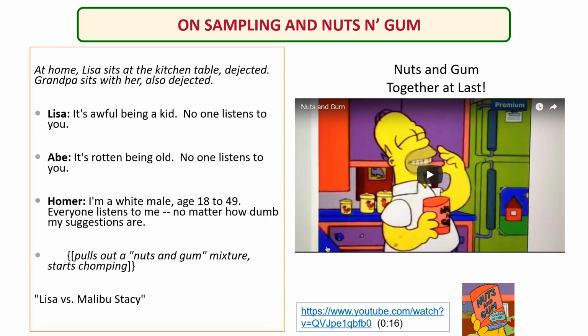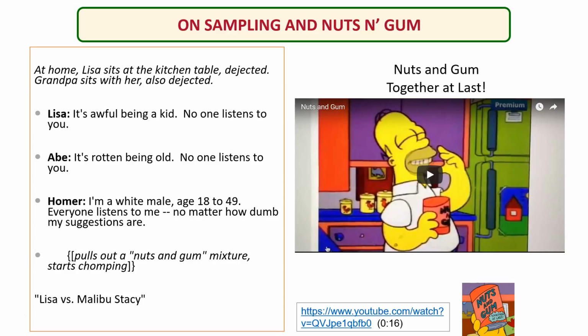So let's think of some ideas in terms of segmenting now. We can see that this could be an issue just looking to Homer if they're only seeking certain segments in their research and thinking that their answers will apply to everyone. So the needs of 18 to 49-year-old men may not well explain what an 8-year-old girl likes, or an 8-year-old man for that matter.